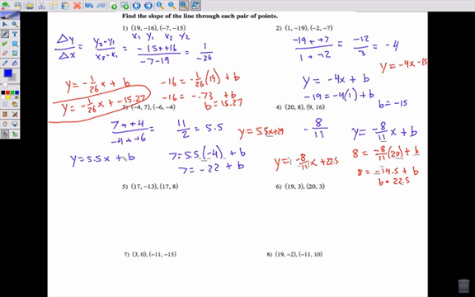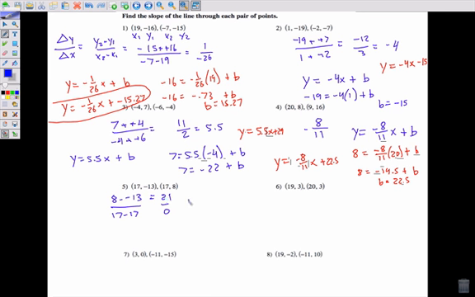All right. Moving on, we get into a couple special cases here. If we just look at the slope, 8 minus -13 is 21. 17 minus 17 is 0.